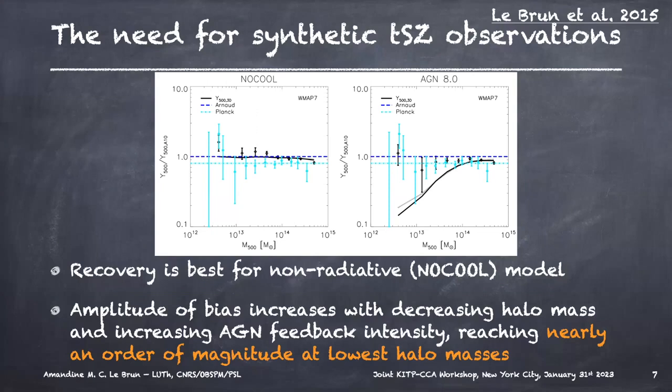Here I want you to focus on the black lines and symbols. The lines are the true 3D signal measured directly in the simulation for those halos, and the black symbols are what you recover using the matched filter on the maps.